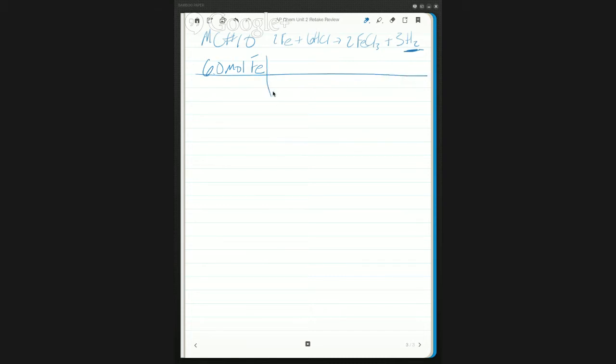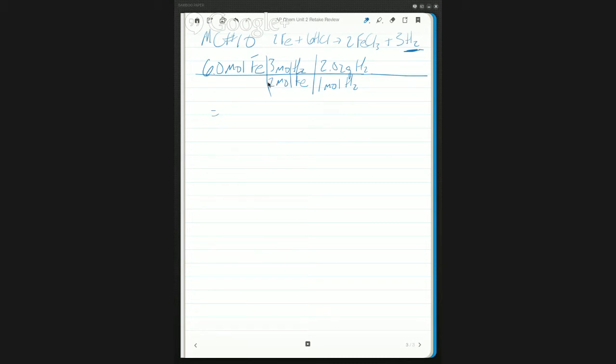So, since I'm starting with moles, I can go straight to the mole-to-mole ratio. For every 2 moles of Fe, we have 3 moles of H2. And for every 1 mole of H2, we get 2.02 grams of H2.